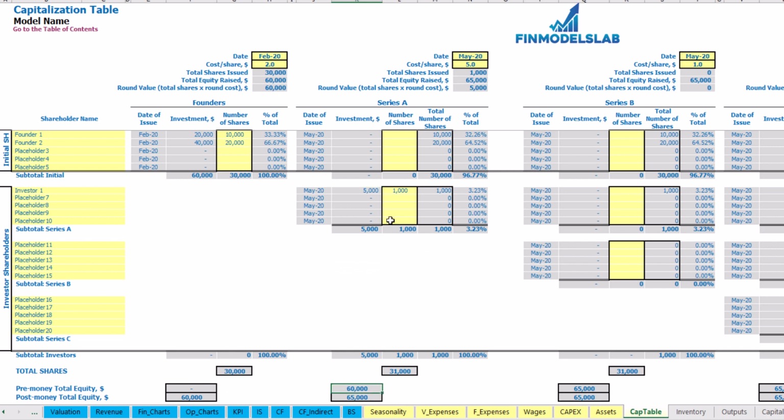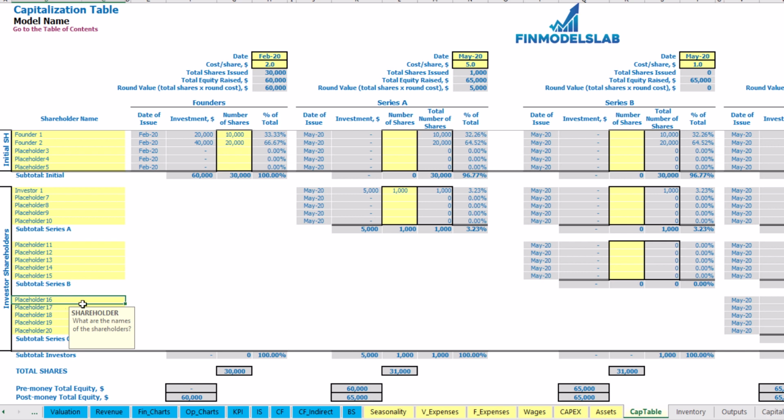You may see that before the Series A total equity was $60,000, after it is $65,000, and investor 1 will have 3.23% of shares, and the shares of founder 1 and founder 2 are also diluted, 32.26 and 46.52%.